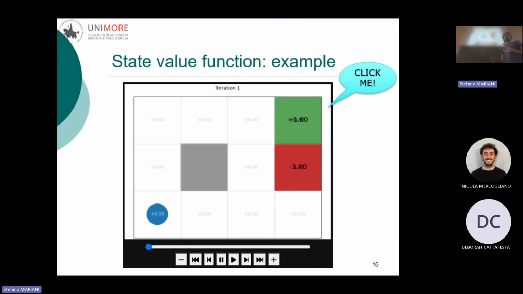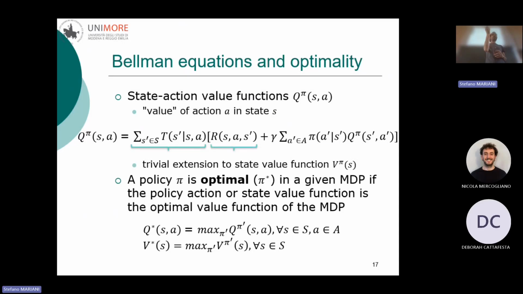So a state action value function is more fine-grained. This tells you the worthiness, not of being in a given state, but of doing a given action in a given state. So it is actually a more fine-grained way to select the action.